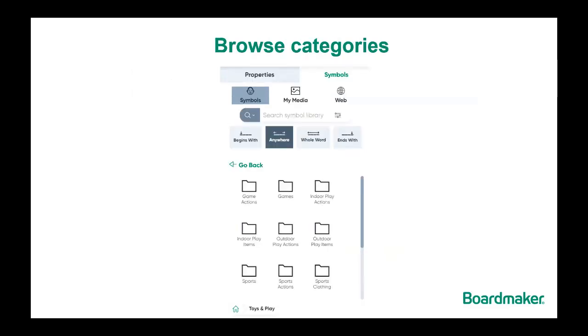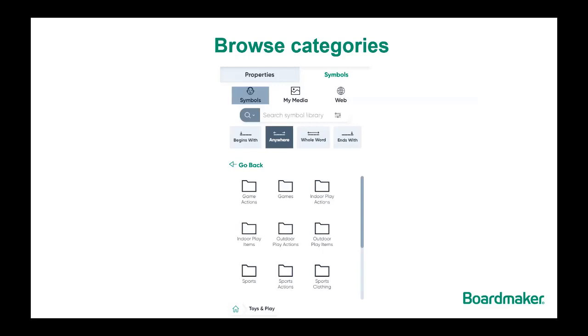Another great addition that we've got is this ability to browse through different categories. So let's say that I want to create a communication board for going swimming, and I just want to generate some ideas of different types of vocabulary that I can put in there. Rather than having to think off the top of my head, I can browse through these categories.